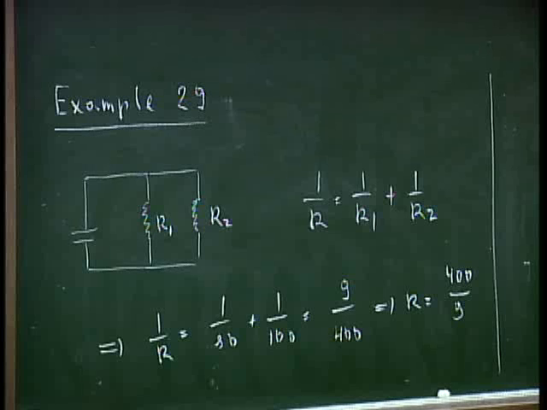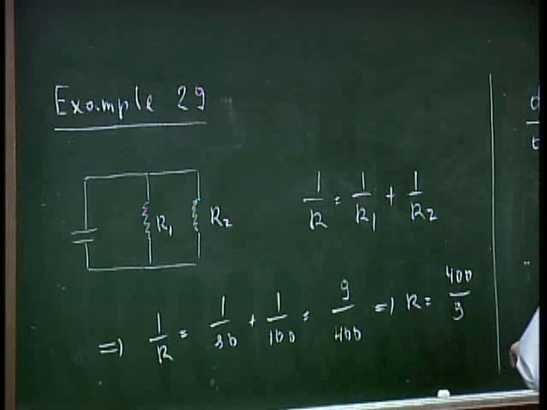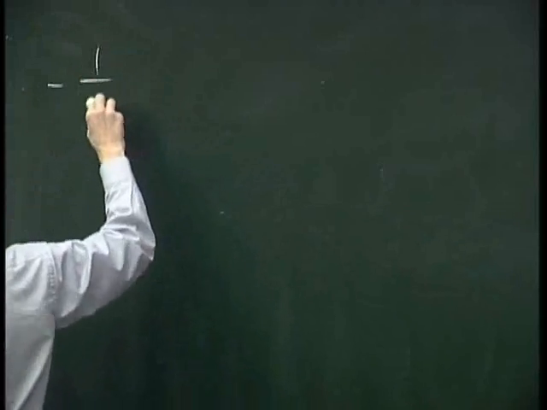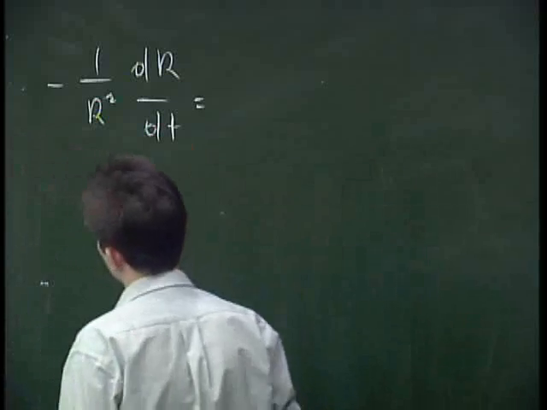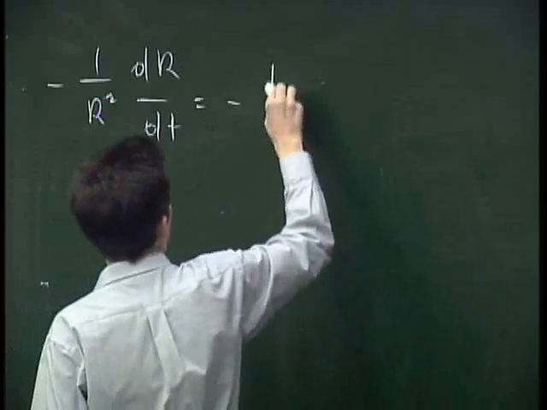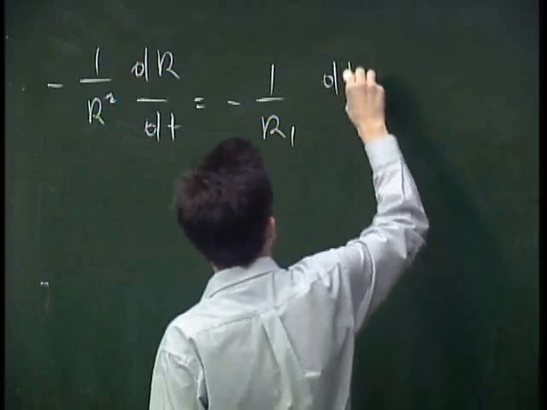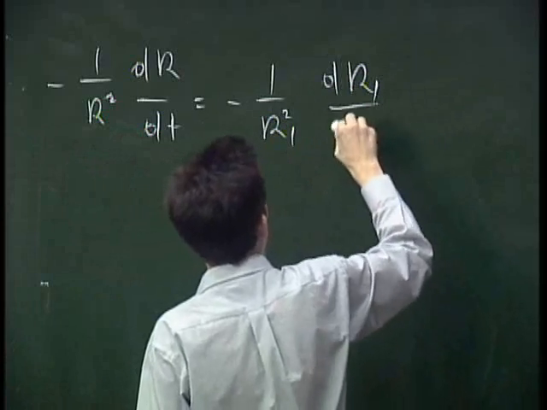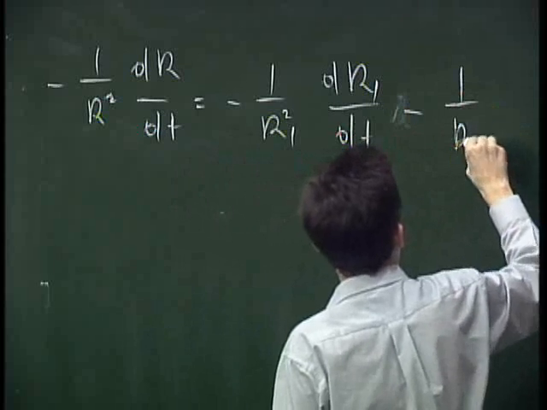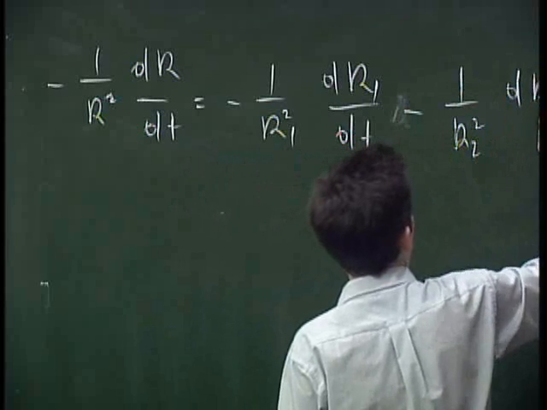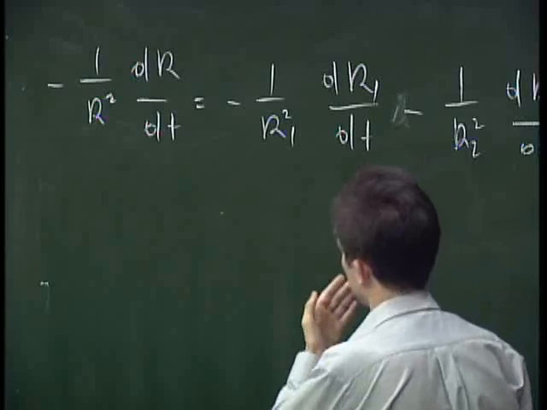So you take the derivatives on both sides. Here you have to use the chain rule. So you see minus 1 over R squared, the derivative of R with respect to t, is equal to, and you have the same here, so minus 1 over R1 squared, the derivative of R1 with respect to t, plus minus 1 over R2 squared, the derivative of R2 with respect to t.